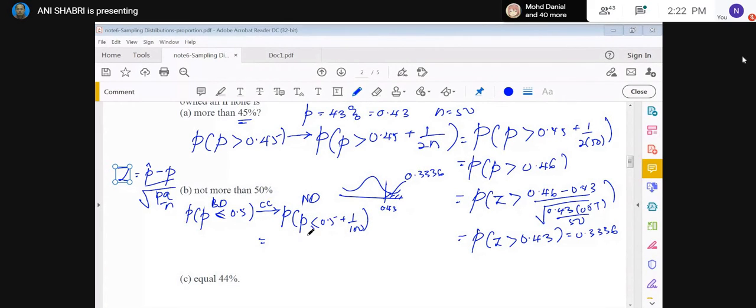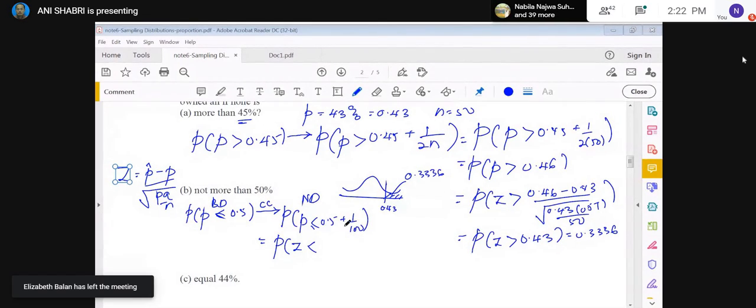If normal, equal or not equal, it is no problem. Never mind for this one. For this one is P, Z less than. I just put less than, and if you do not put equal, it is okay, never mind, because it is a normal distribution.